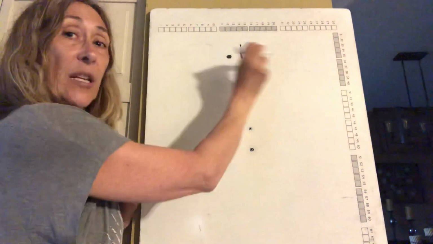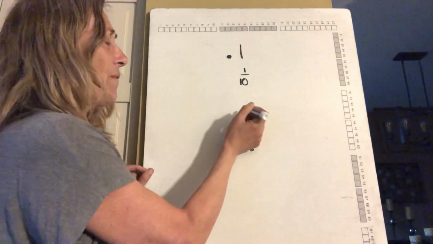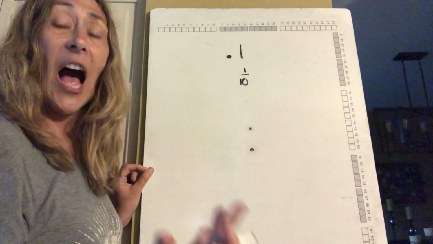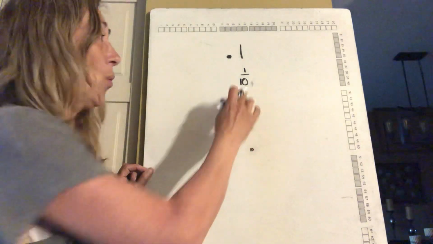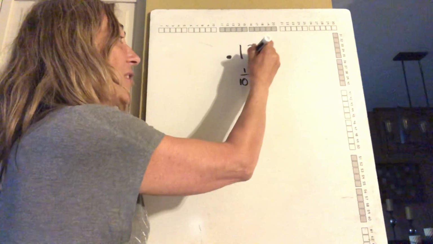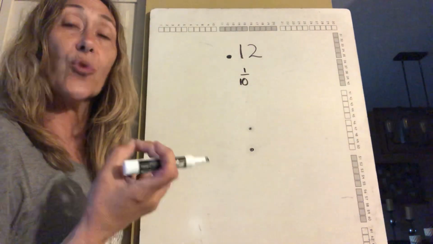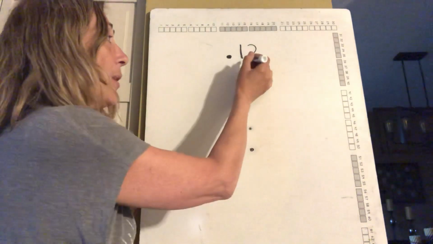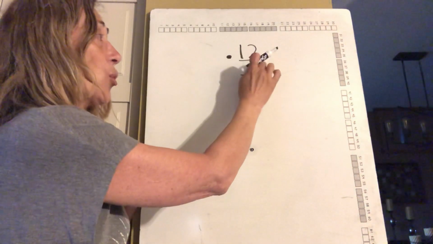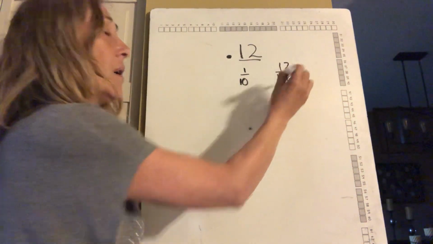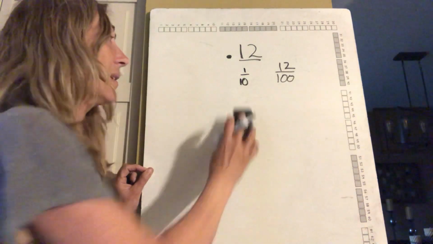Because remember, I'm going to the right. So if that was money, that would be like 10 cents or 10 out of 100 cents, 1/10. If I add a 2 on, that 2 is in the hundredths place, but I would read it as 12/100ths.